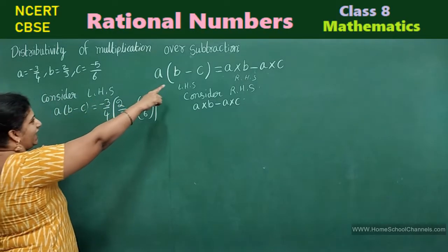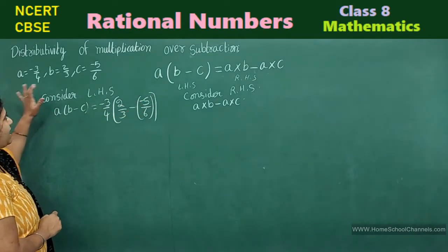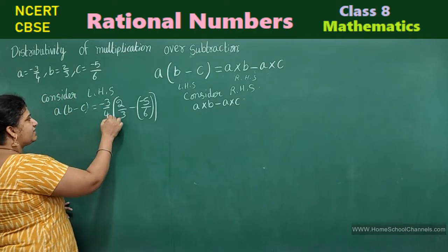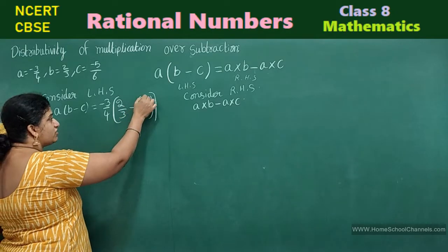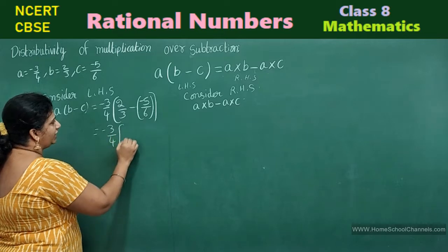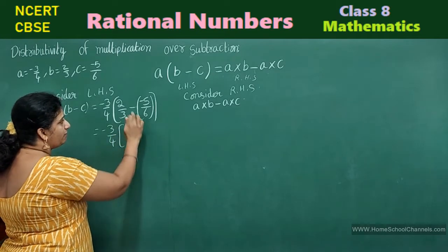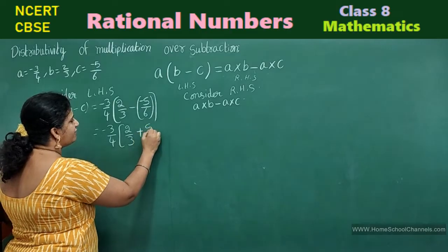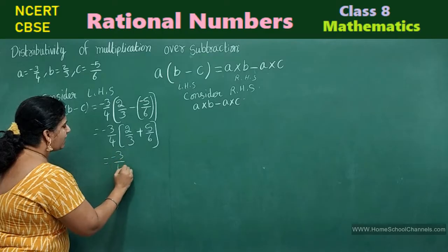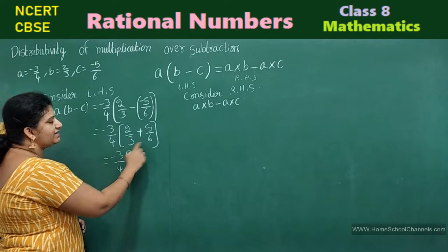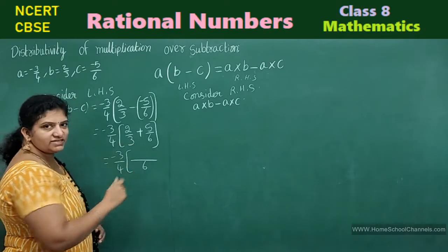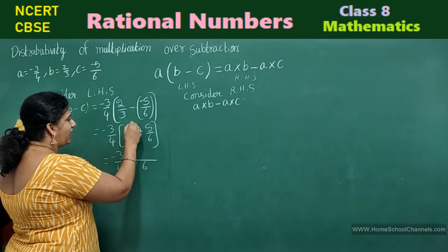Consider LHS, A into (B minus C). Same A, B, C values that we have taken before. Now minus 3 by 4 into (2 by 3 minus of minus 5 by 6). Minus 3 by 4 into (2 by 3, minus into minus plus 5 by 6). Minus 3 by 4 into, 3 and 6 LCM is 6. 3 table where you get 6, 3 2s are 6, so multiply that.